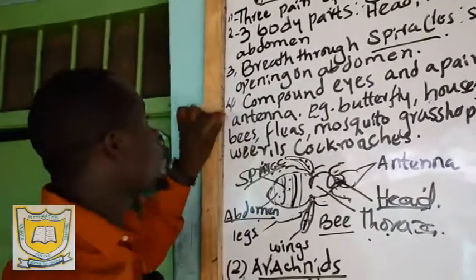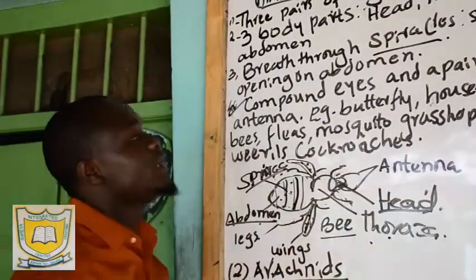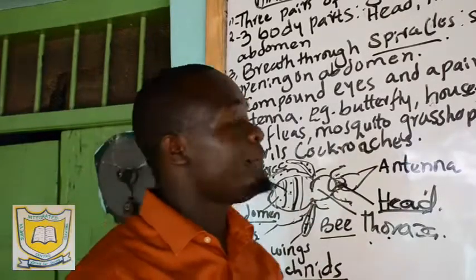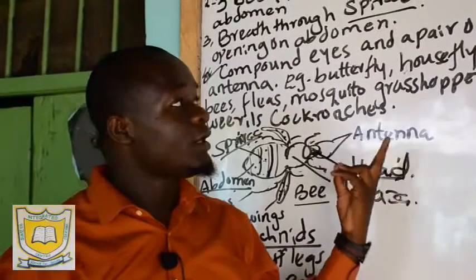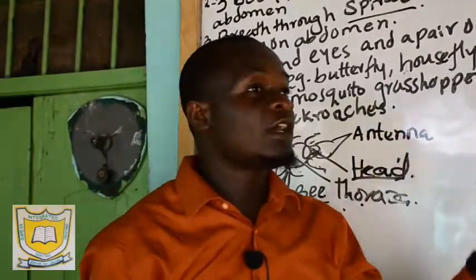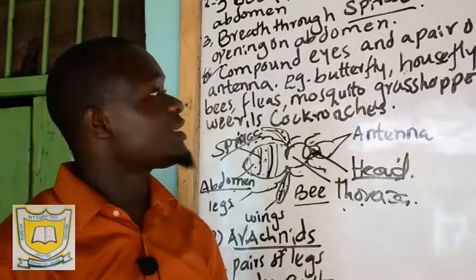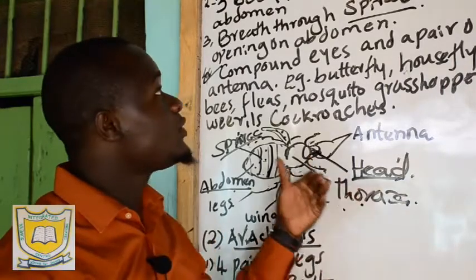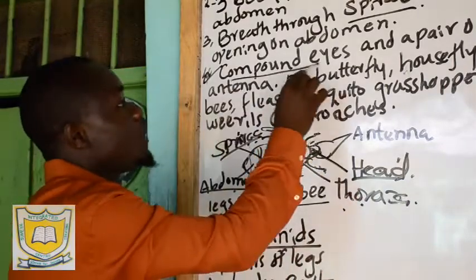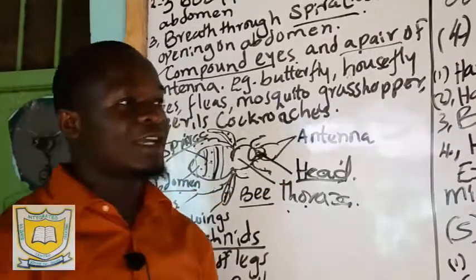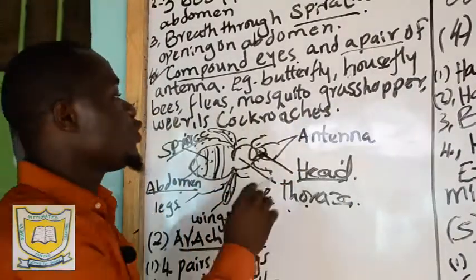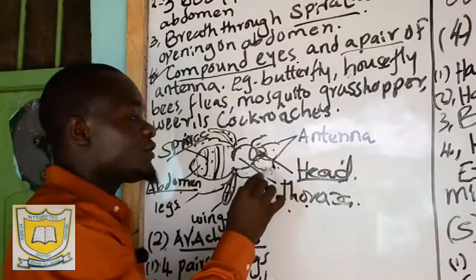Number 4, insects have compound eyes and a pair of antennae. We have those that have simple eyes and those that have compound eyes. Insects have compound eyes. Having a pair of antennae means it has 2 antennas, the first one and the second one.